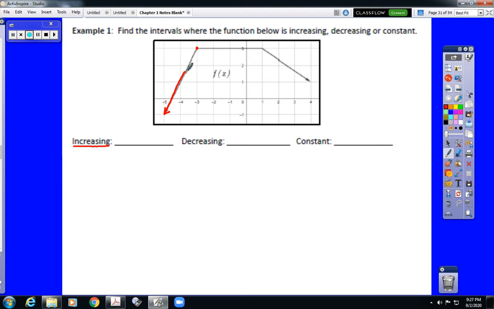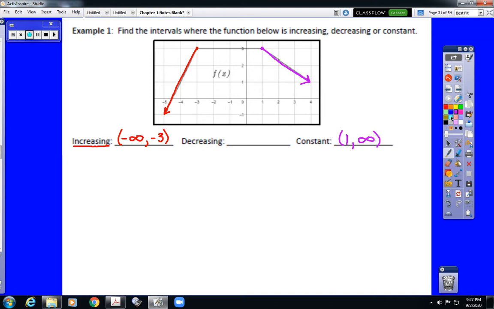So this section of the graph is considered to be increasing because as we move from left to right, that function is increasing in value. So this function is increasing from negative infinity until we reach x equals negative 3. As for decreasing, the function is decreasing starting at x equals 1 and continuing forever to positive infinity.